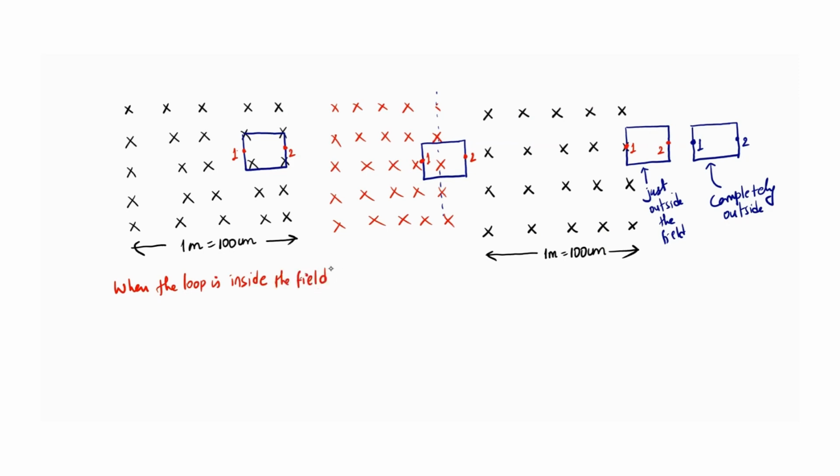Inside the field, there is no change in magnetic flux, even though the loop is moving.